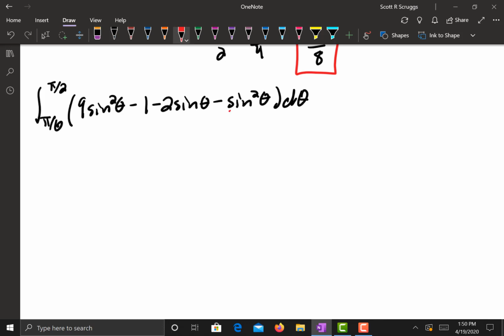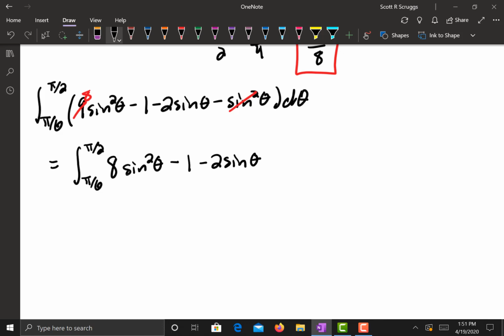I could do some simplification. That gives me 8 sine squared of theta. So that means I have the integral from pi over 6 to pi over 2 of 8 sine squared of theta minus 1 minus 2 sine of theta.